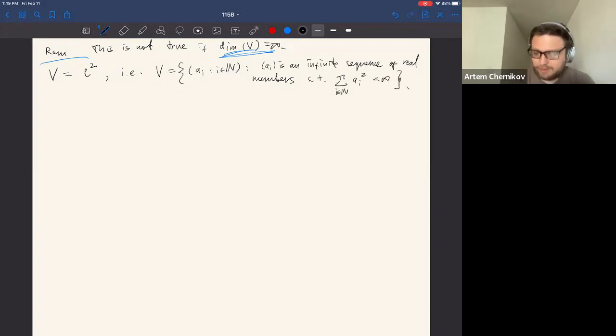So the sum is smaller than infinity, okay? So we take all possible sequences like this, all possible sequences which are square summable. That's why we have the 2, it's denoted as l2, okay?